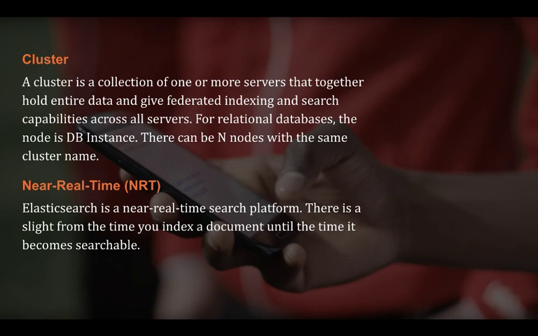For relational databases, the node is a DB instance. There can be n nodes with the same cluster name. As you can understand, when we create an Elasticsearch server on any cloud, we create a cluster of that.